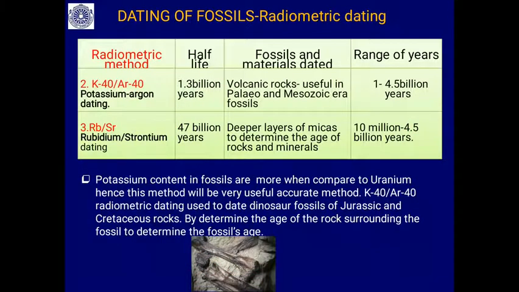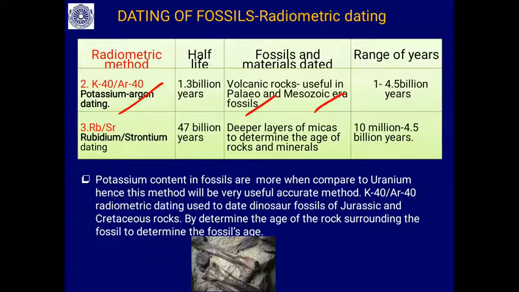A similar method is the potassium-argon method, which is a commonly used method, because uranium is a rare element, whereas potassium is a common one. You will find it in volcanic rocks, and it is useful to measure the dates of Paleozoic and Mesozoic era fossils.